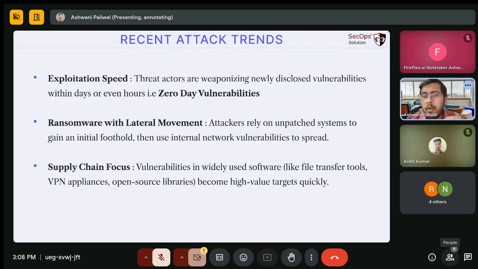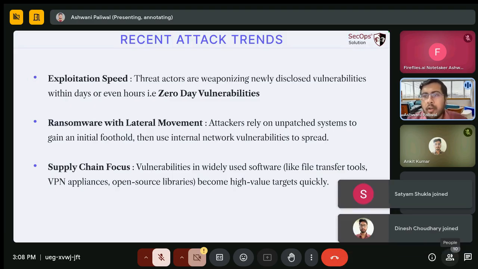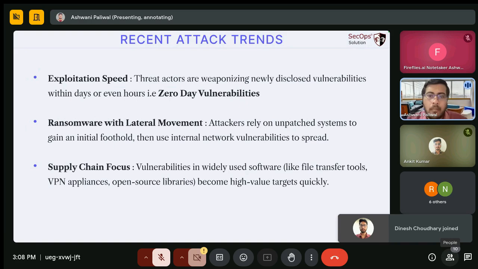We are not even talking about unpublished vulnerabilities. The reason is that the skill needed to build these exploitation tools has significantly decreased with the advent of LLMs and ChatGPT. It has become a lot easier for hackers, the malicious guys, to start exploiting these vulnerabilities quickly.